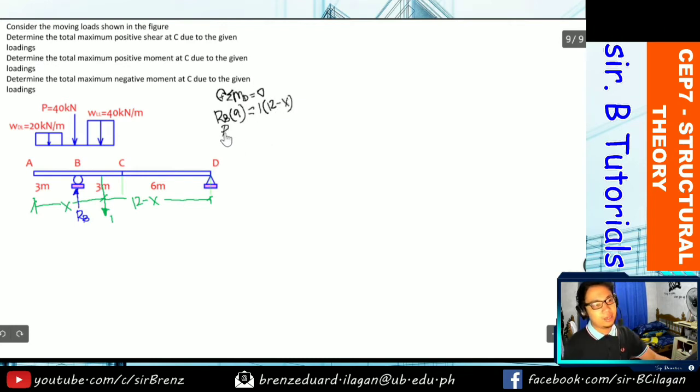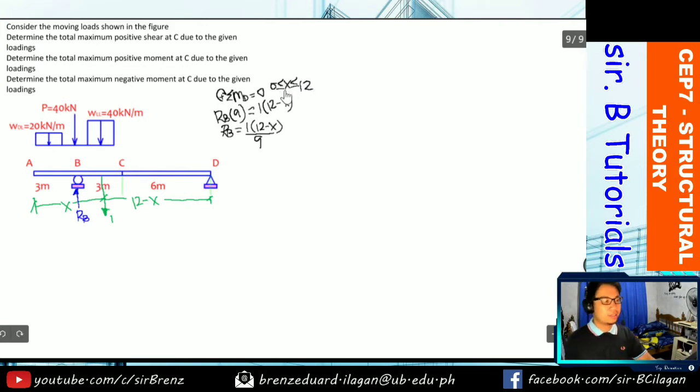So RB is equals to 1 times 12 minus x all over 9. So this equation is applicable for the limits of 0 up to the distance of 12.